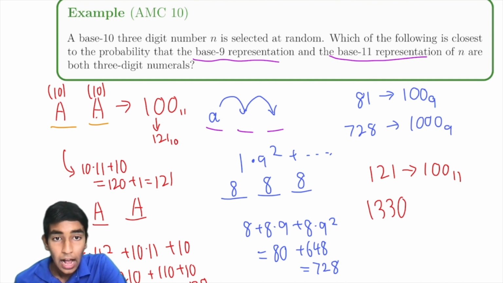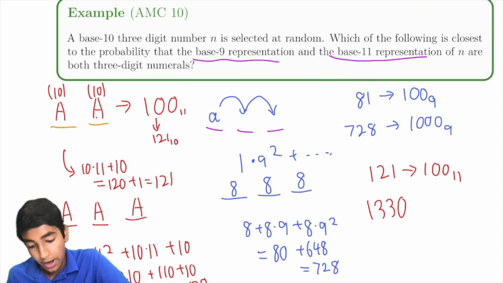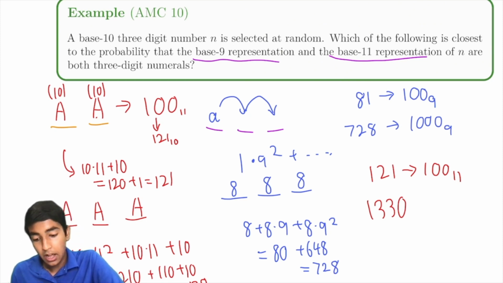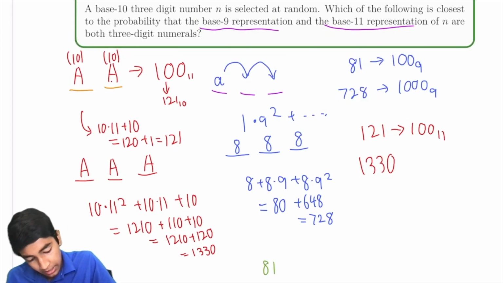So, how can we find our answer from here? What we can do is see that the range of numbers that actually works is going to be the intersection of these 2 ranges. So for it to be a 3-digit number in base 9, it has to be from 81 to 728.